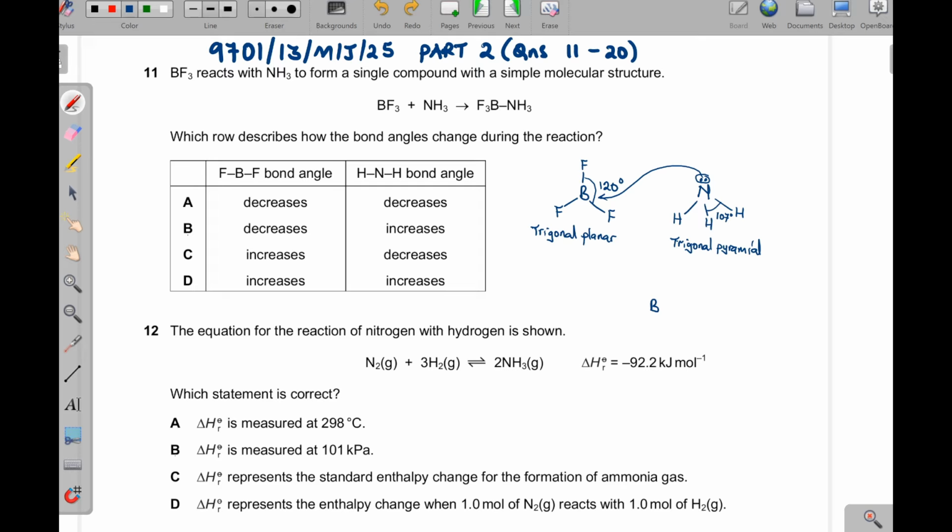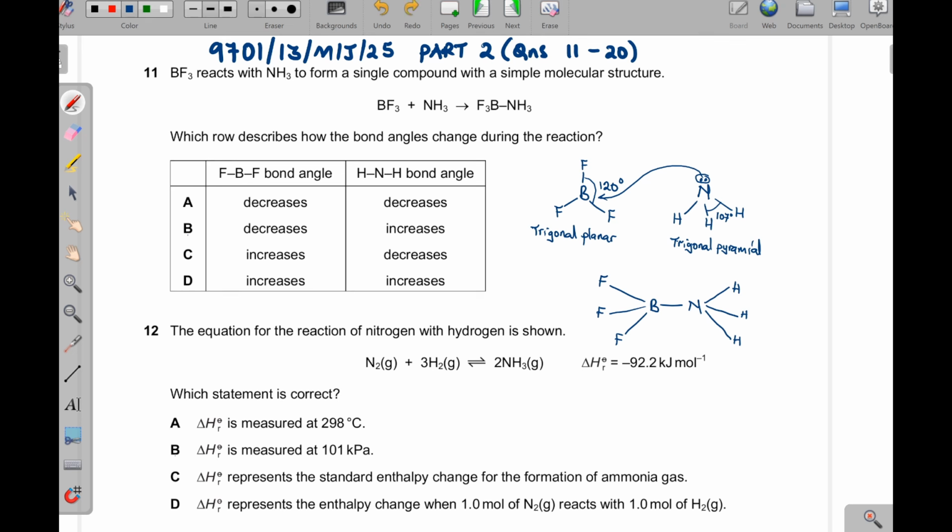So that means I can have now something like this, then this, that, then again this, that. So you're going to have fluorine, then hydrogen. You see that? Now, when you look at the structure of this one, it is now tetrahedral.